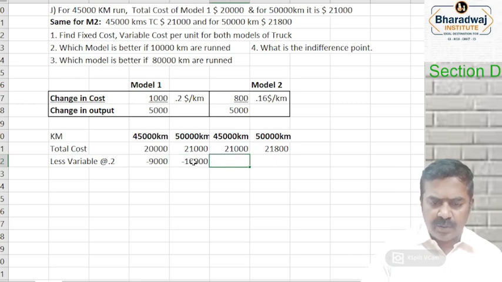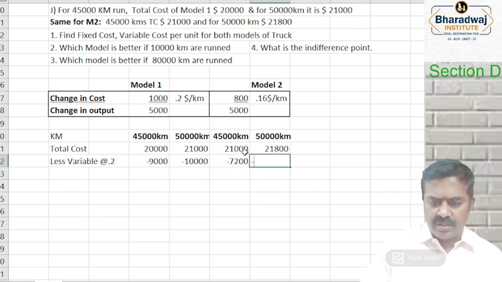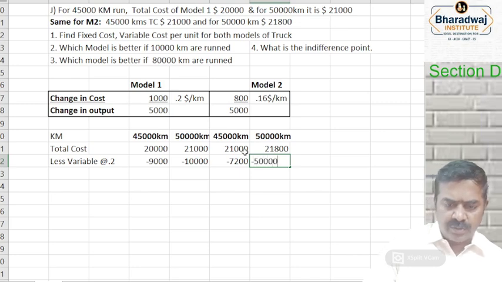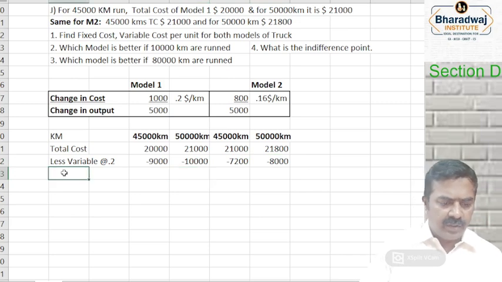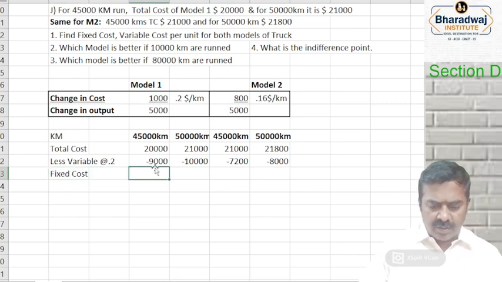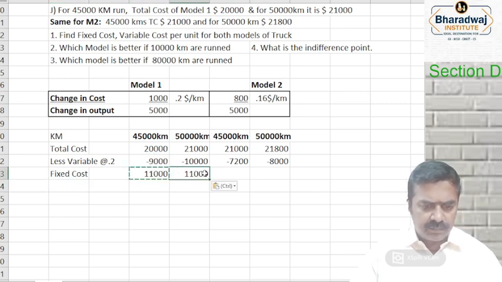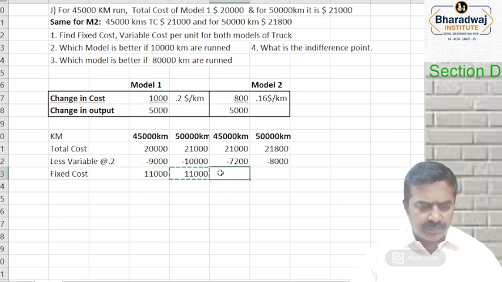Same way, it is 0.16: 45,000 into 0.16, and 50,000 into 0.16. So if you eliminate it, you will get fixed cost. Fixed cost of Model 1 is $11,000. Model 2 is $13,800.